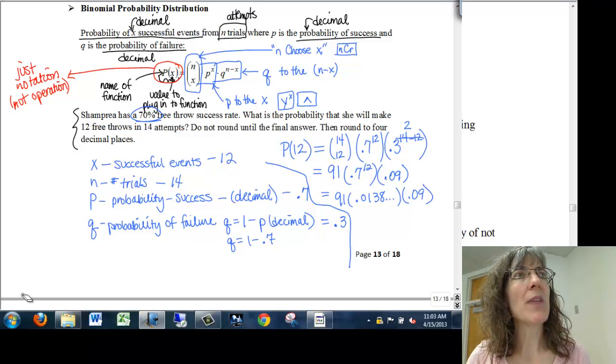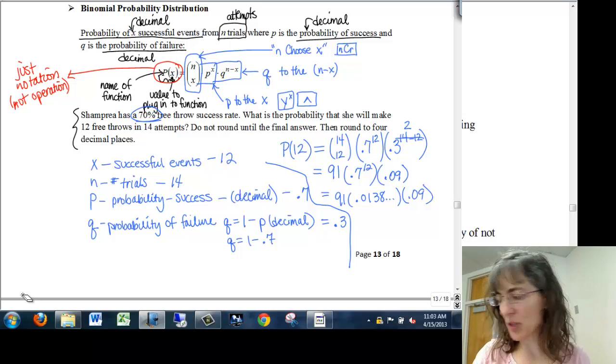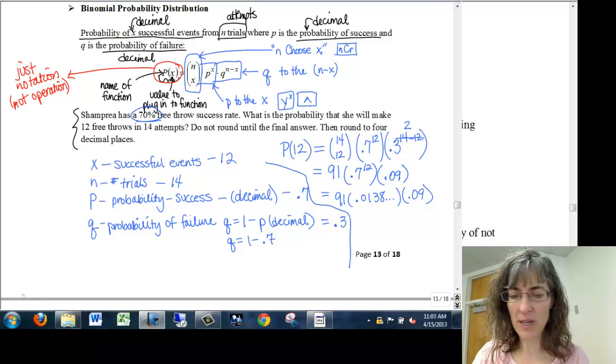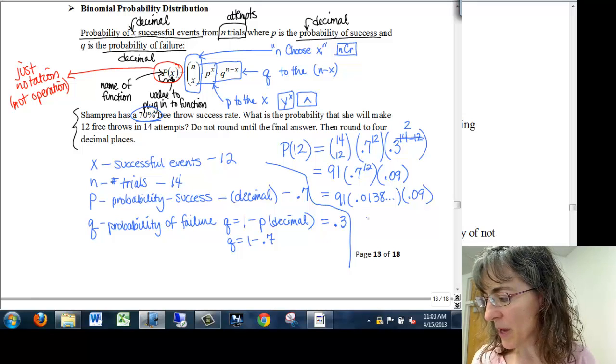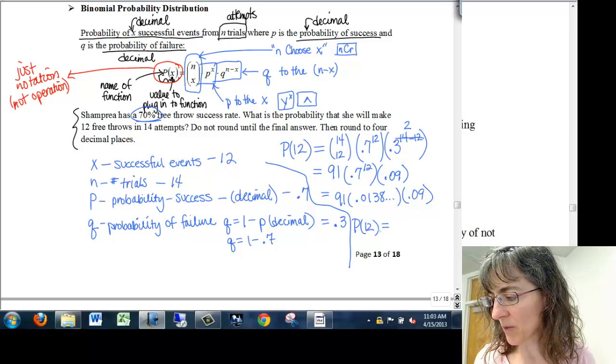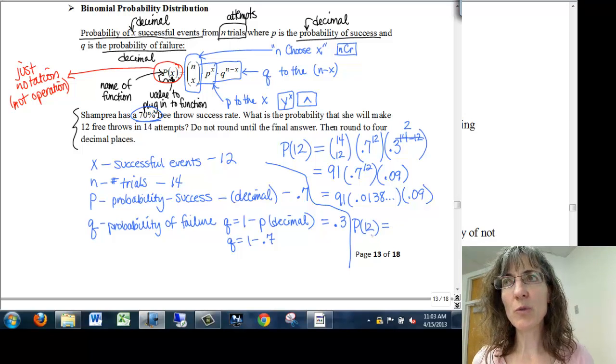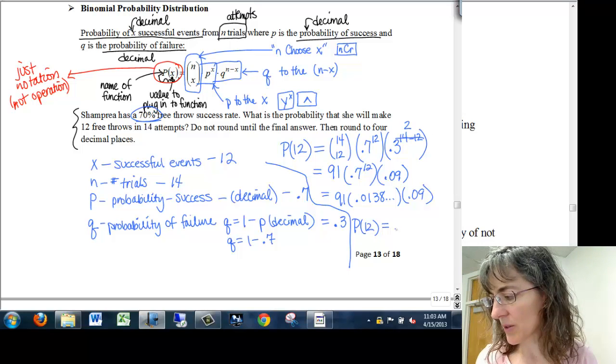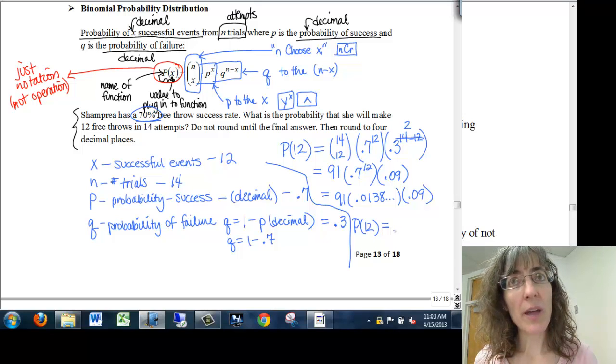So now I have that on my calculator still. Remember how to leave it on there, and then just do times 0.09 equals times 91. And it doesn't matter what order I multiply those in, but I should end up with P of 12, or probability of 12 successes, equals, what do you get?